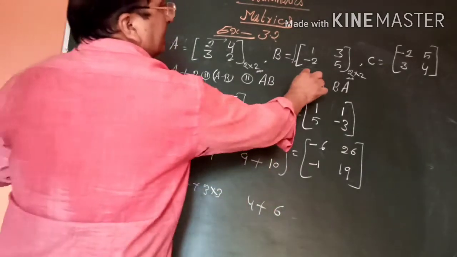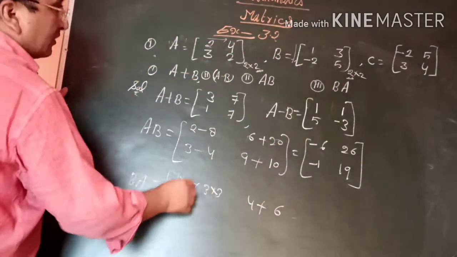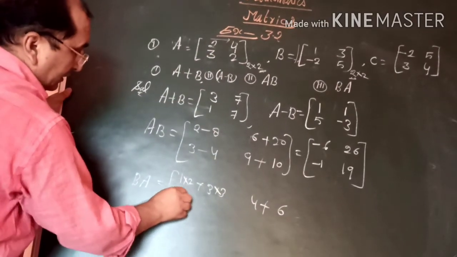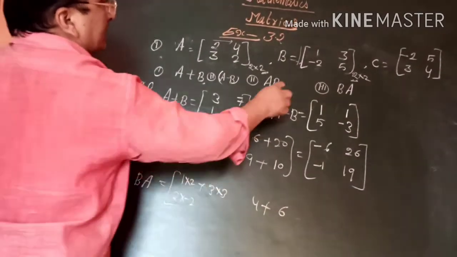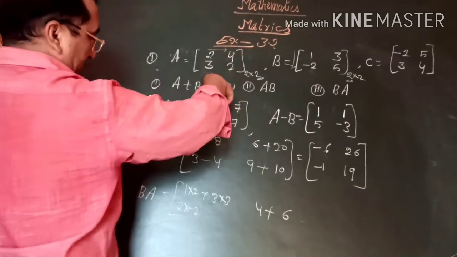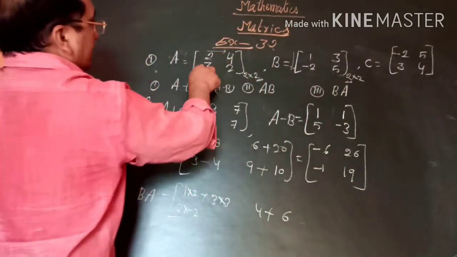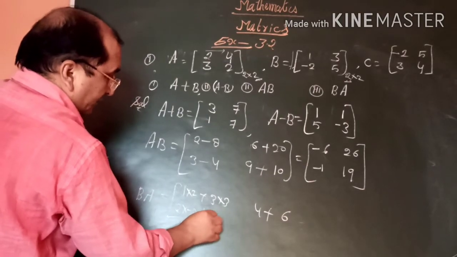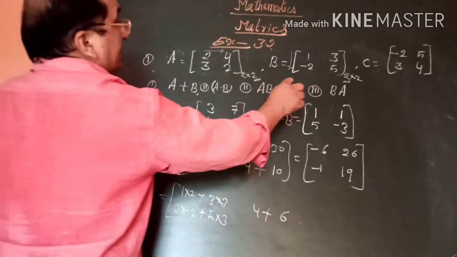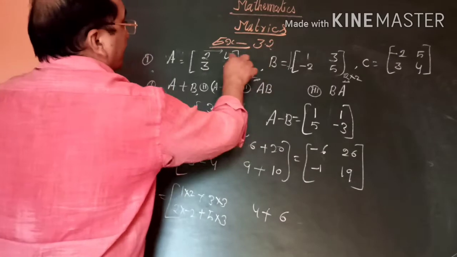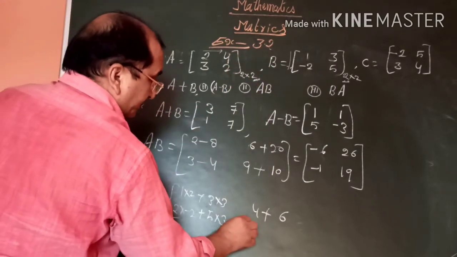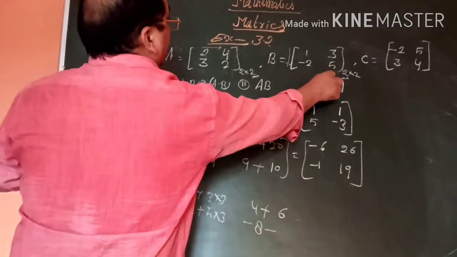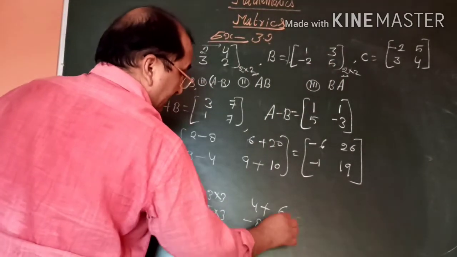Then second row first column, 2 into minus 2, then 5 3 is 15, 5 into 3, then second row second column 2 4 is minus 8 and 5 2 is 10.